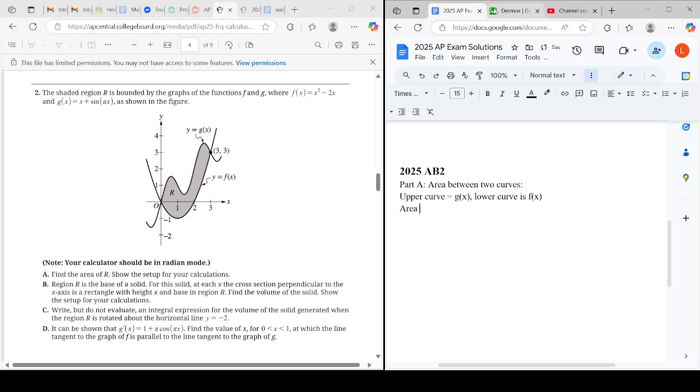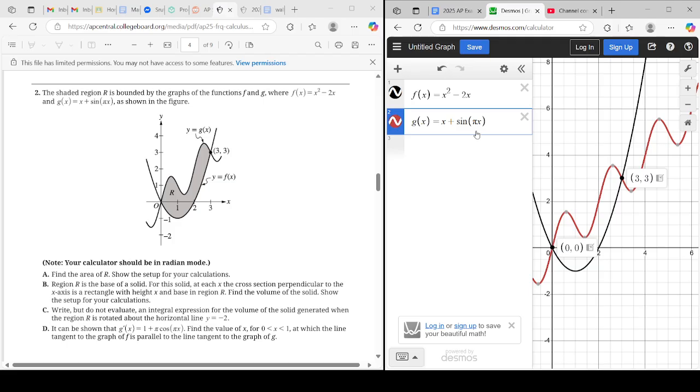So the area would equal the integral from 0 to 3 of g of x minus f of x dx, which would equal approximately 5.137.